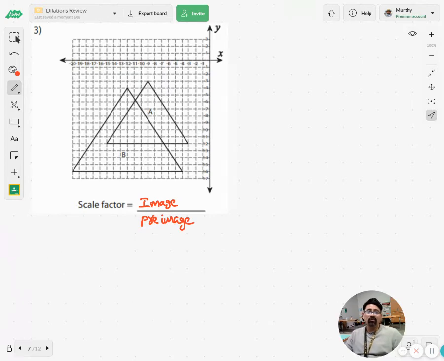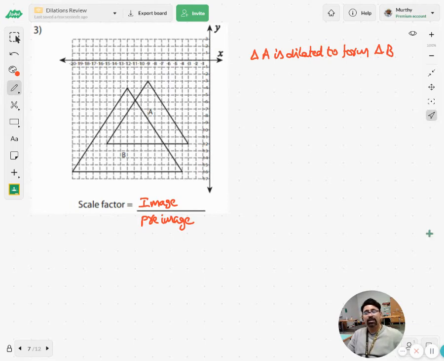So how to identify this from the given diagram? My apologies, it is not specified. Say that triangle A is dilated to form triangle B. Let's assume that this is the given question.